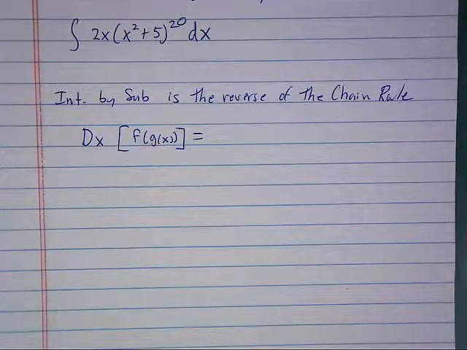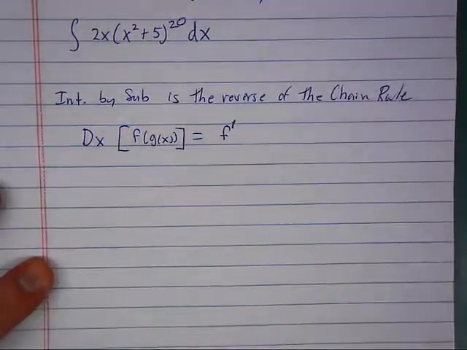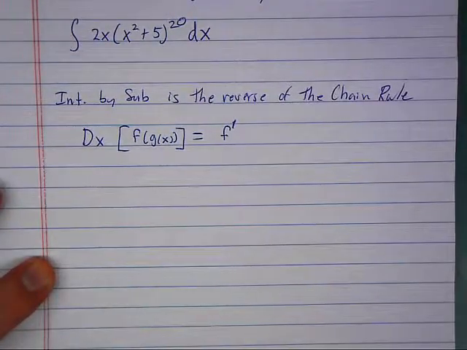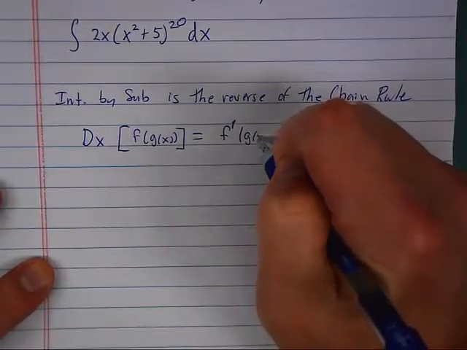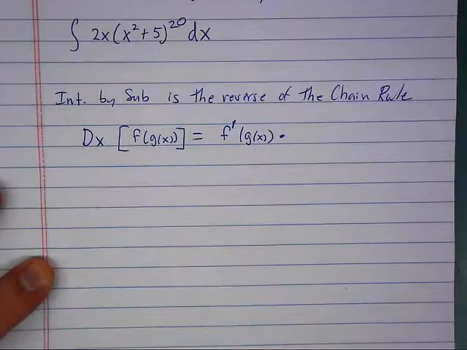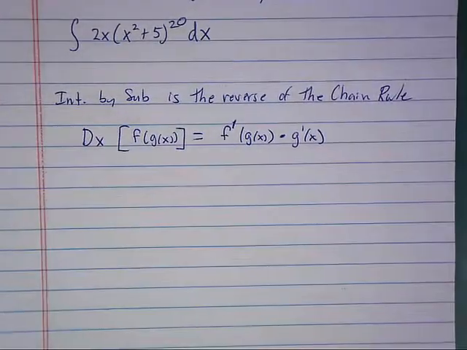Don't tell me you forgot the chain rule already. How's the chain rule work? You take the derivative of the outside. What do you do to the inside? Leave it alone. But then you need to multiply by the derivative of the inside. There's our chain rule.